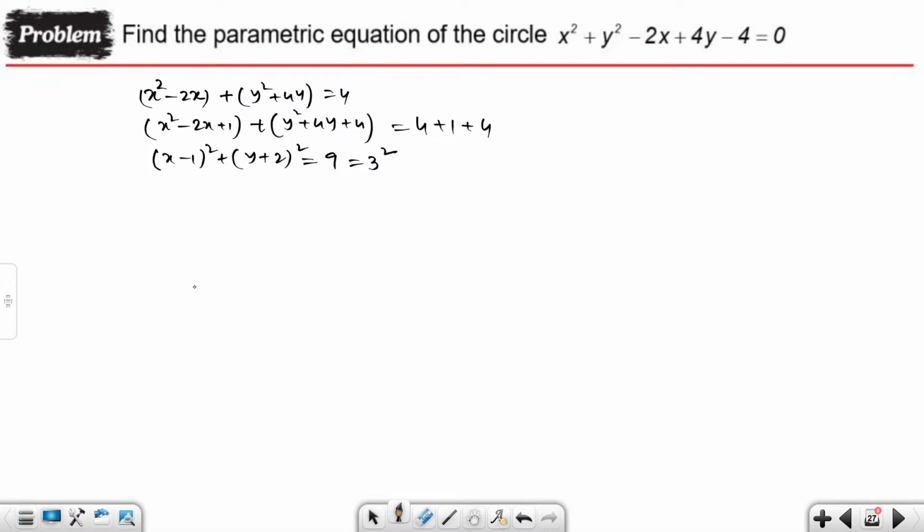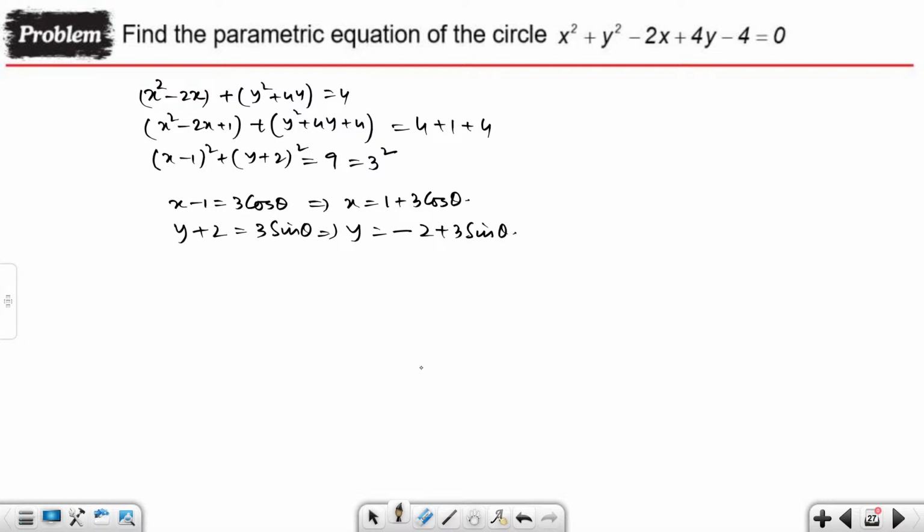So what will be the parametric form? X minus 1 is r cos theta, implies x is 1 plus 3 cos theta, and y plus 2 is 3 sine theta, which gives y equals minus 2 plus 3 sine theta. That's the parametric form we got from the general form. Is it clear to all of you?